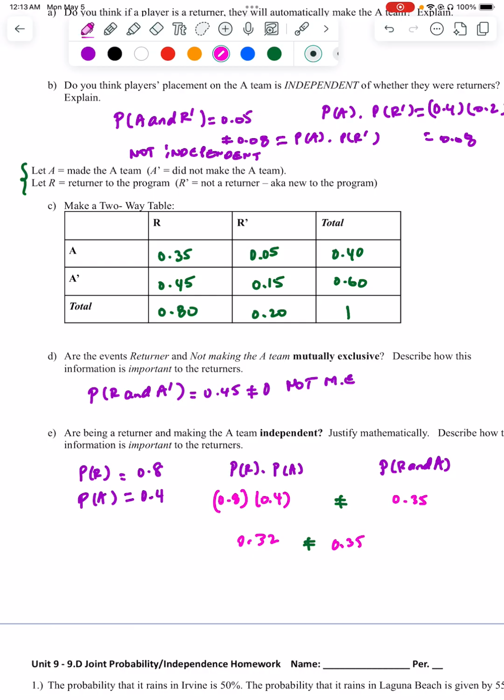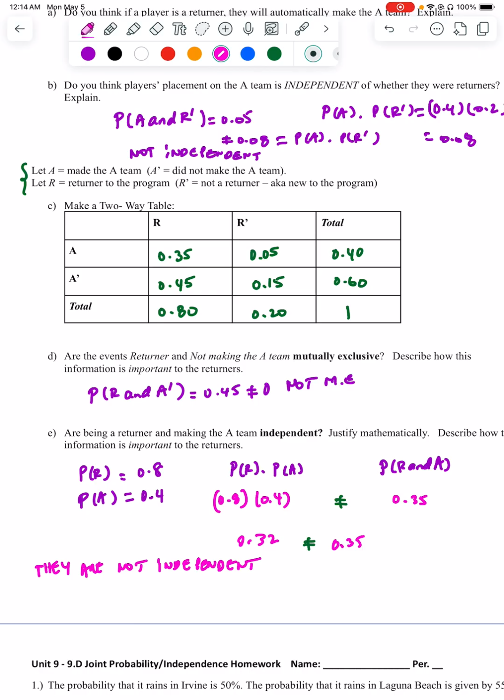Okay, so how do we say that? The question was, are they independent? So we're going to say they are not. They're not independent. So how do we think of this?